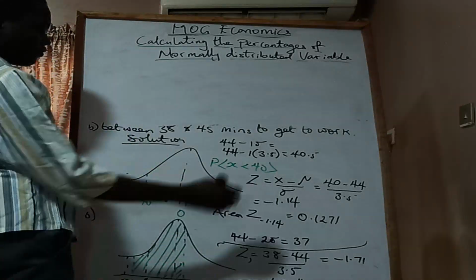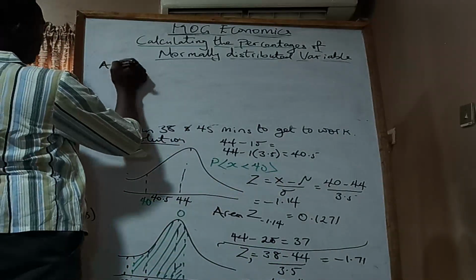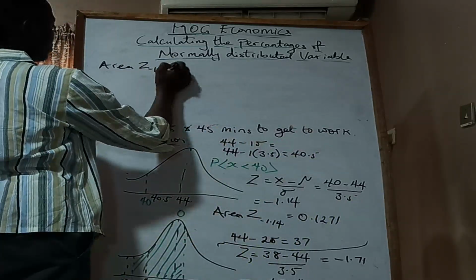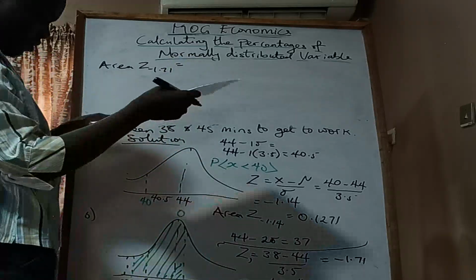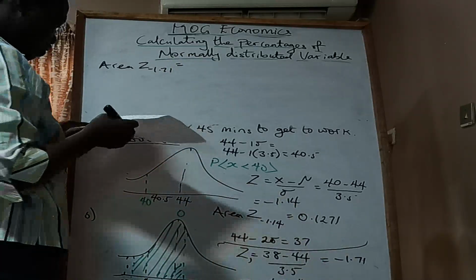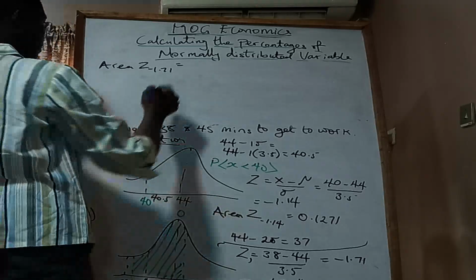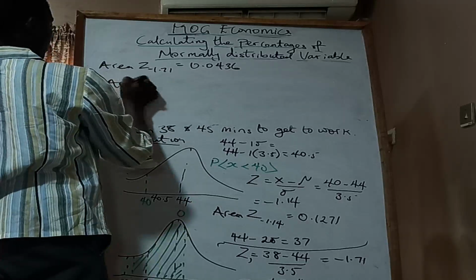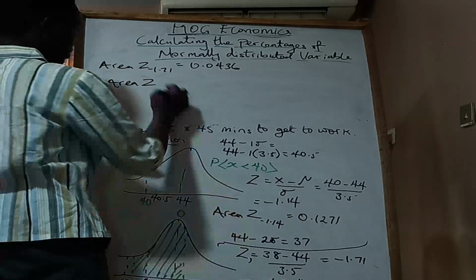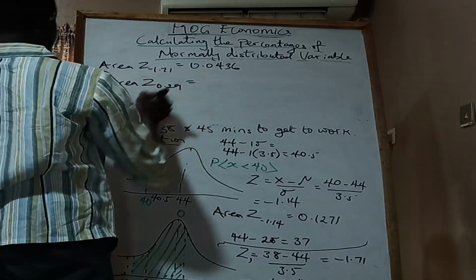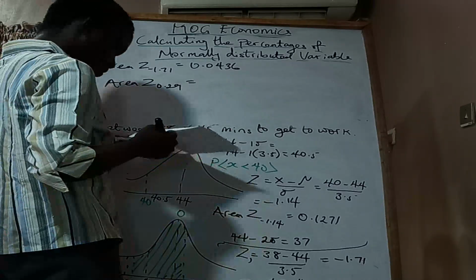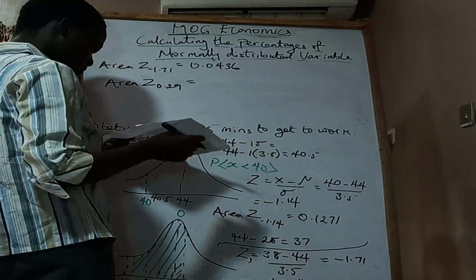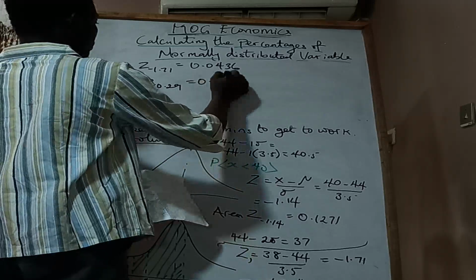The area corresponding to a z-score of minus 1.71 is equal to 0.0436, and the area corresponding to a z-score of 0.29 equals 0.6141.